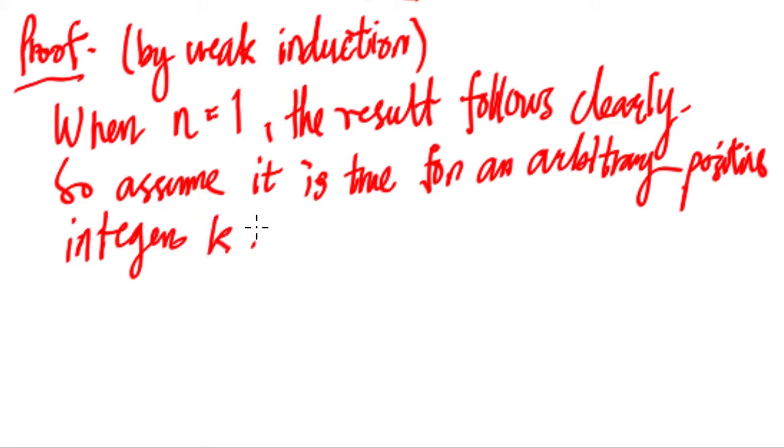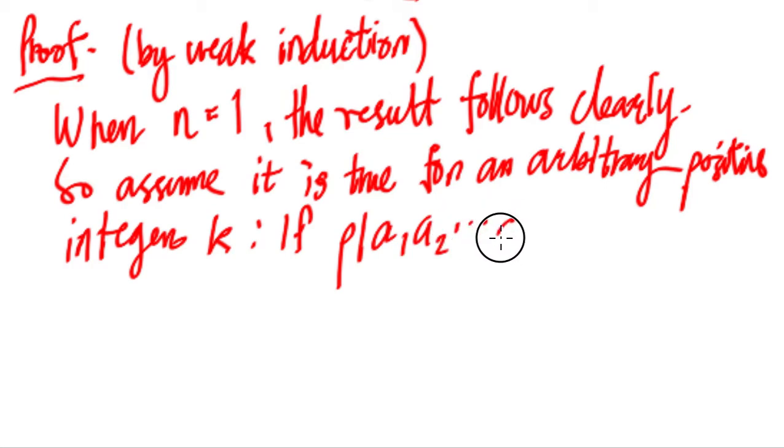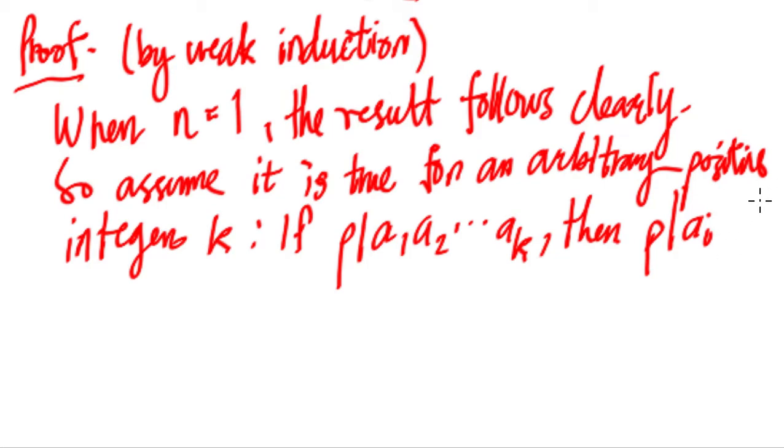So we say that if p divides a sub 1, a sub 2, up until a sub k, the product of all those terms, then p divides a sub i for some i.